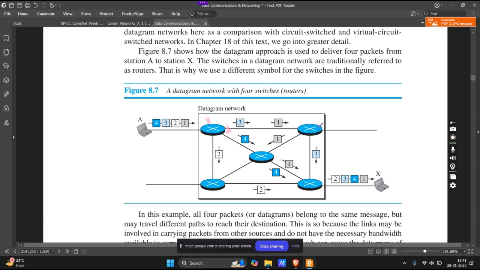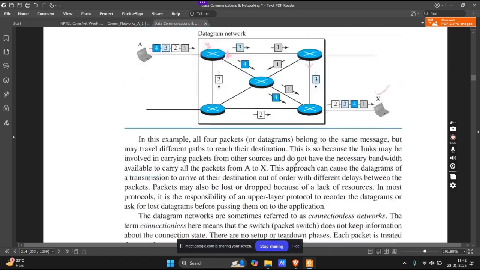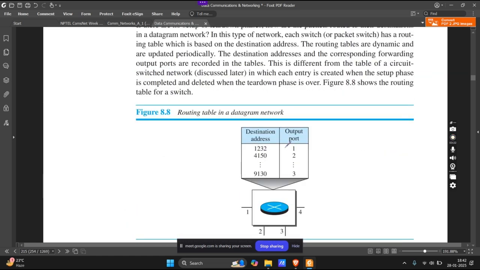Now, here there is another routing table. And when it sees the address of X, it will transmit through this output port. Not this one, not this one, not this one, only this one, because it knows ultimately this has to go here. So these switches have multiple output ports, and all the addresses are mapped to output ports.